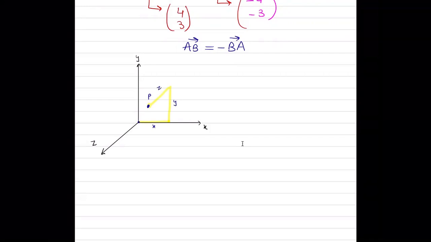So if that's your origin, then if you join the origin and the point P, we call this the position vector OP. The position vector is related to origin. This OP will have, now it's a three-dimensional vector, so it will have some units in x, some units in y, and some units in z.